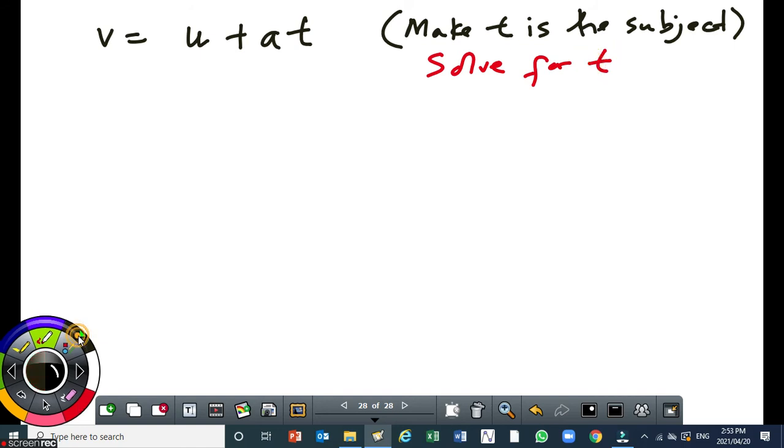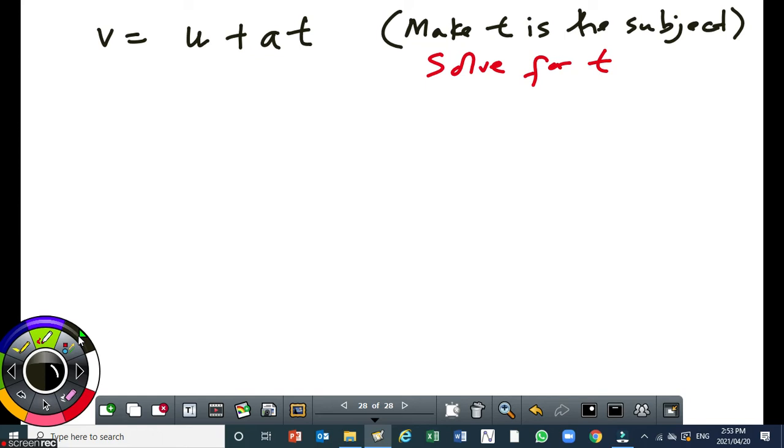So I'm asking you, if I want to isolate the T, what will be my first step here? Before division, what is the first step? Okay, listen, don't complicate things. You have solved linear equations.